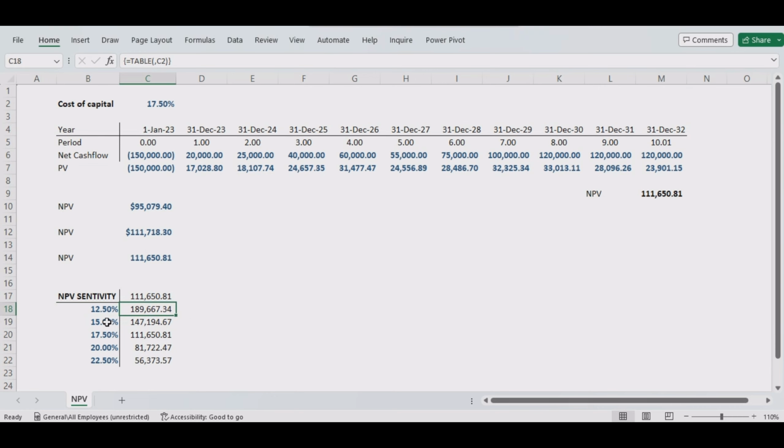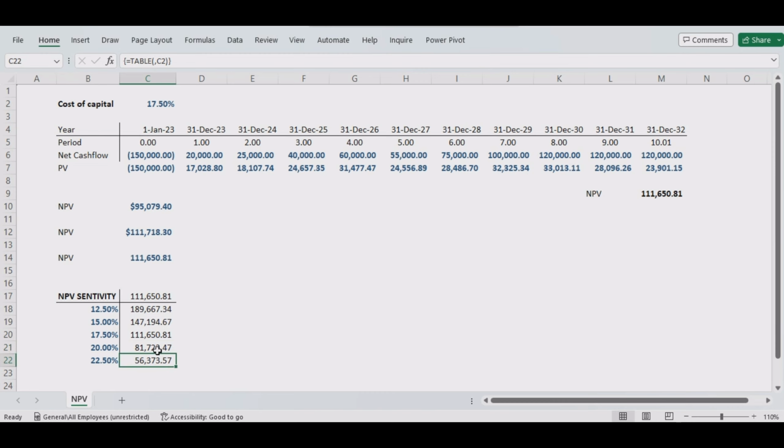If you are able to negotiate and get 15%, it will increase from 111, or approximately 112,000, to 147. Then if you are getting the money at 20%, your profit or net present value reduces to 81.